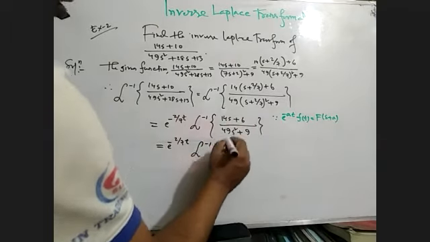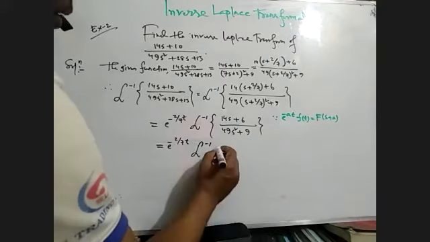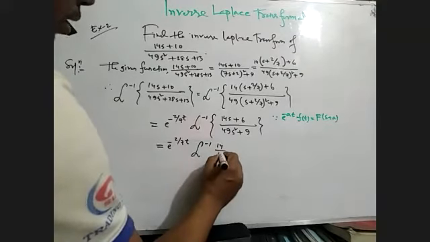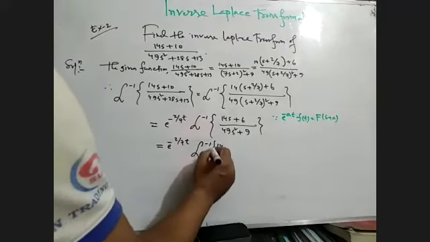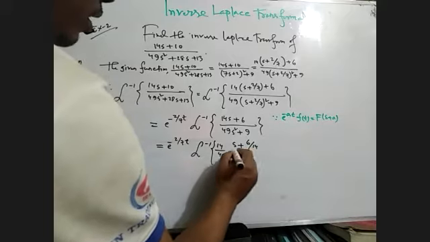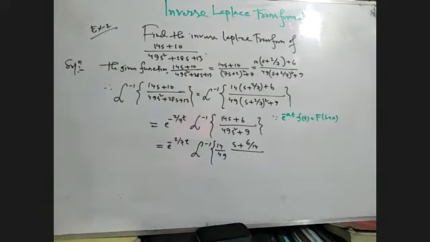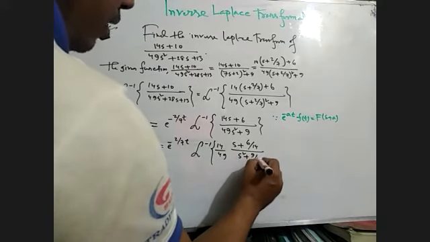We can take 14 common here, and 49 common from here. So 14 divided by 49 into s plus 6 divided by 14, divided by s square plus 9 by 49.